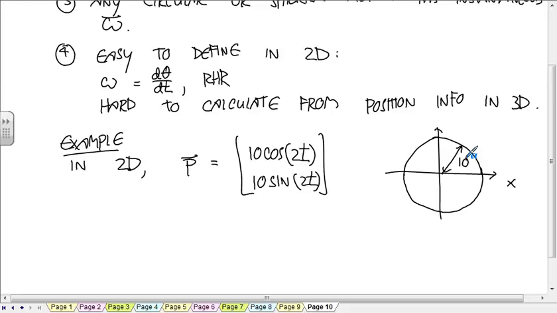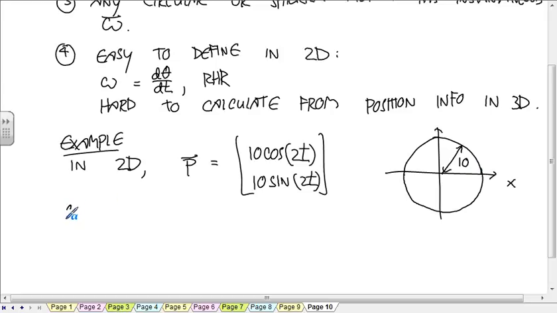So what is the angular position as a function of time? You can see that whatever is inside the cosine and inside the sine just gives you the counterclockwise angular position from the x-axis, right?